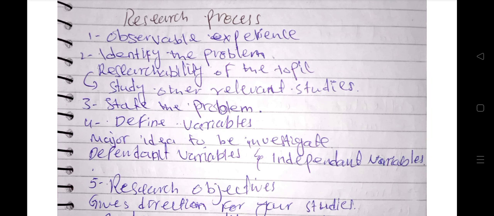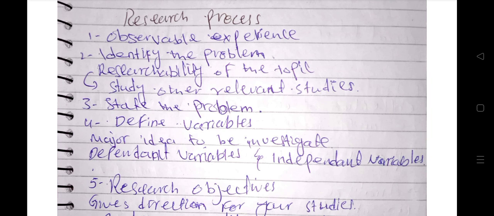So obviously I'll discuss each of these steps in separate videos as well. The primary purpose of this video is to let you know what these steps are in the research process, and I'll discuss them in separate videos.